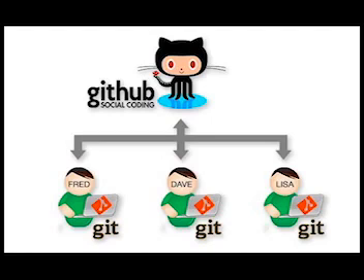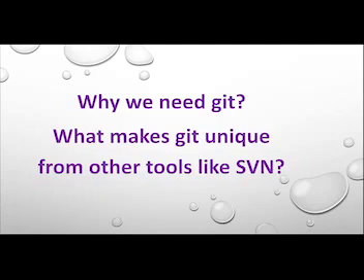You said you have used Git, right? My question is why we need Git and what makes it unique from other tools like SVN? Ideally we go for a code management tool because we need versioning.